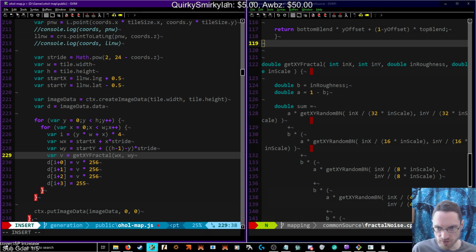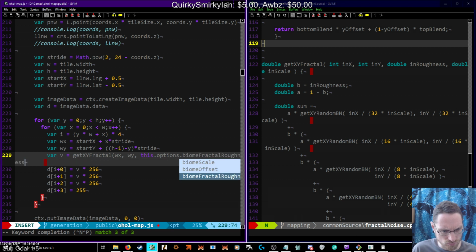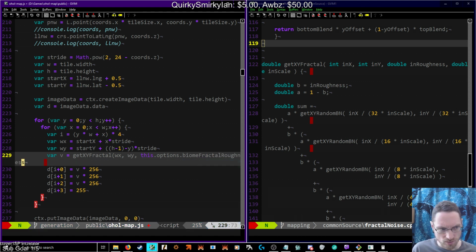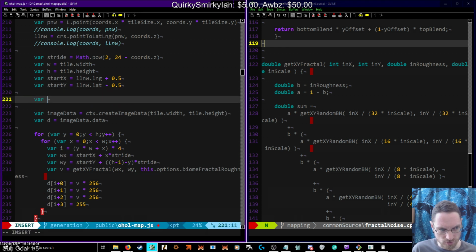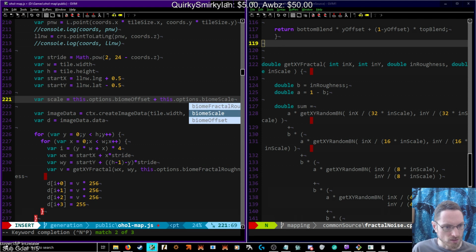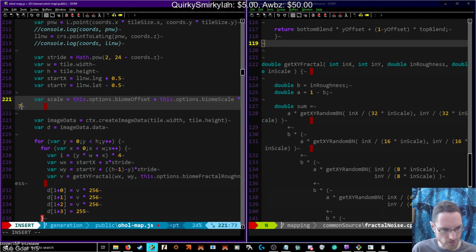World X, world Y. These could probably be pulled out when we come to the looping as well. And we're really going to only have one scale. Biome scale, what is it, 7 biomes right now?